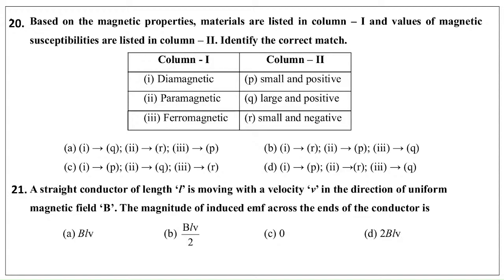Based on the magnetic properties, materials are listed in column 1 and values of magnetic susceptibilities are listed in column 2. Identify the correct match. Answer is B. For diamagnetic, susceptibility is small and negative. For paramagnetic, susceptibility is small and positive. For ferromagnetic, susceptibility is large and positive.